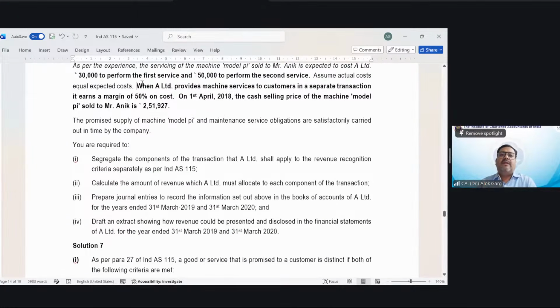When A Limited provides machine services to customers in a separate transaction, it earns a margin of 50% on cost.